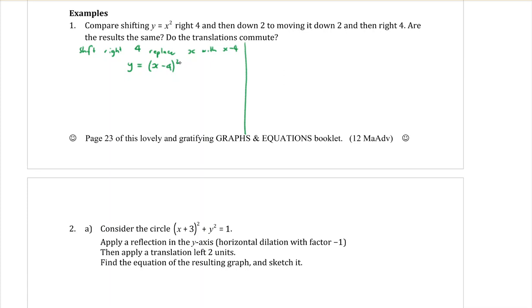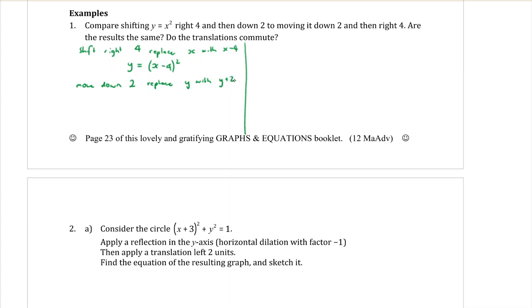There's my first move. The second move on that same equation is to then move it down 2 places. So to move down 2, what am I going to replace this time? Y? Yeah, good. So y plus 2, because moving down, opposite is to do plus 2.